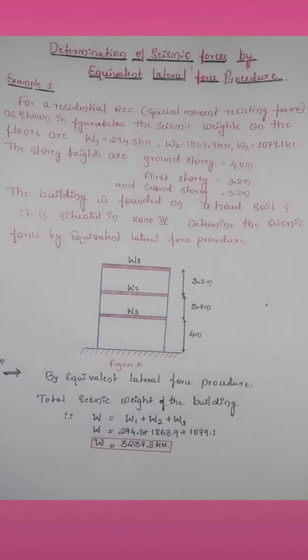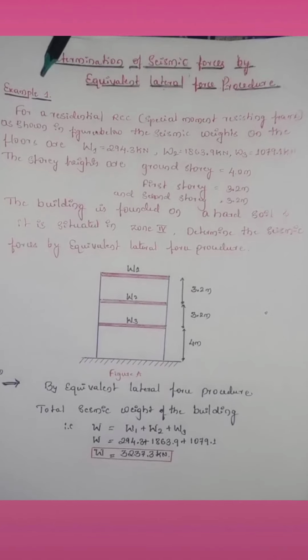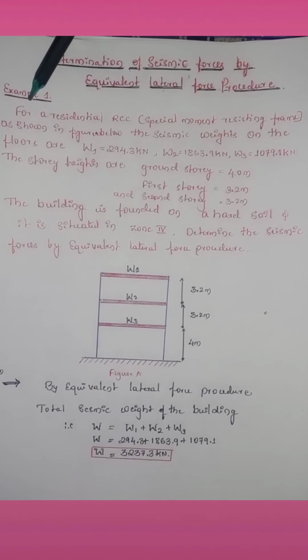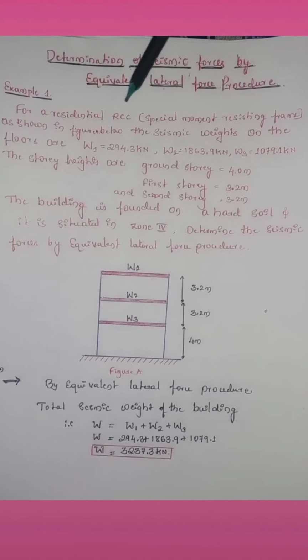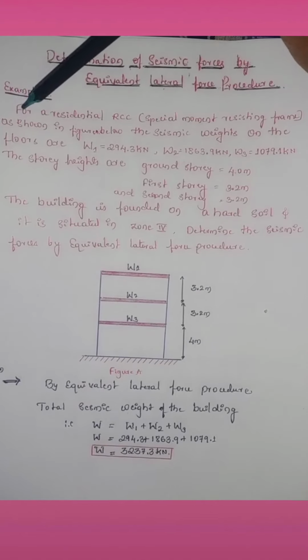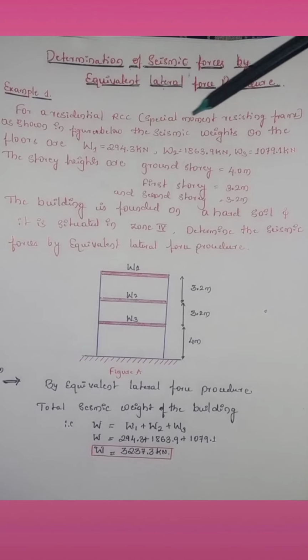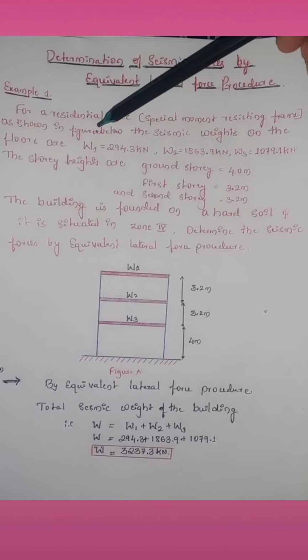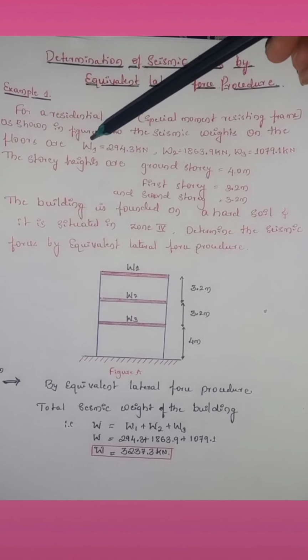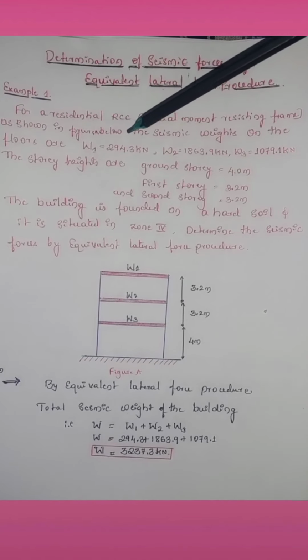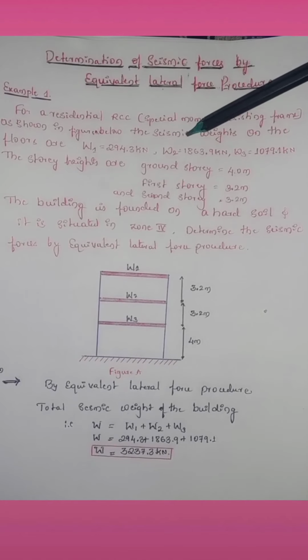I have taken one problem here. I'll read out the question. For a residential RCC special moment resisting frame, as shown in the figure, the seismic weights on the floors are given: W1 is equal to 294.3 kilonewton, W2 is equal to 1863.9 kilonewton, W3 is equal to 1079.1 kilonewton.